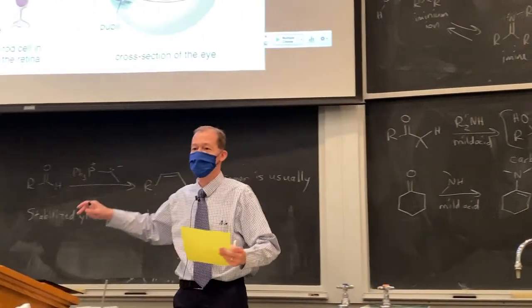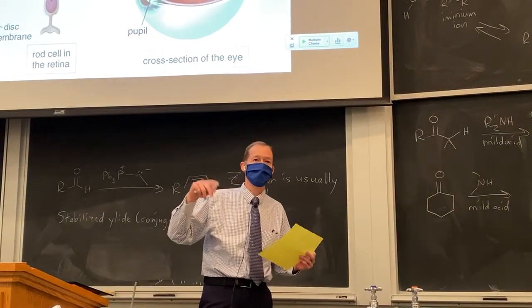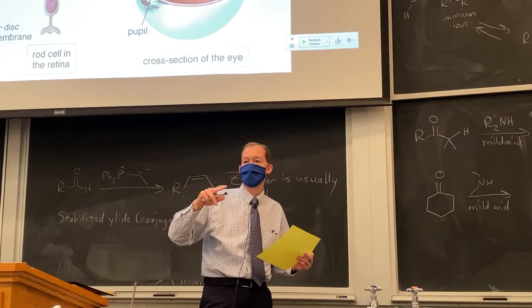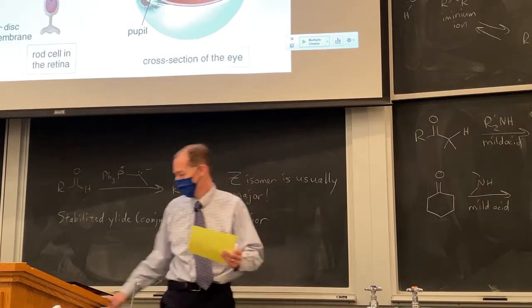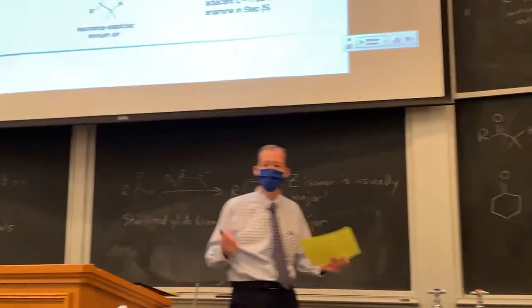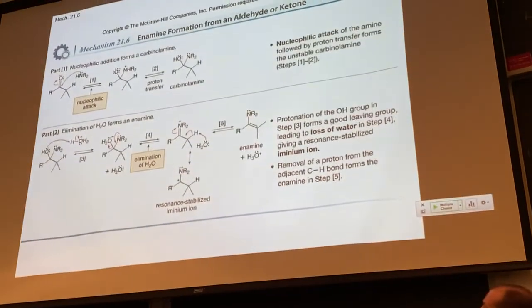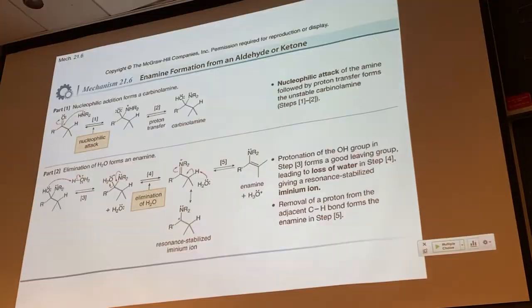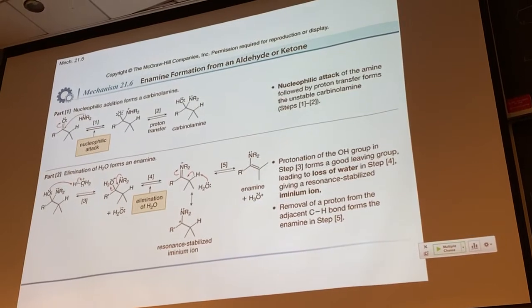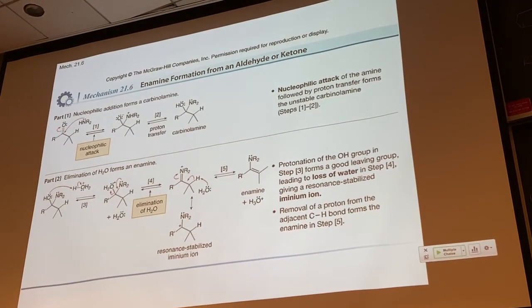This mechanism is actually identical to the mechanism of imine formation until we get to the last step. So we're going to look at it on the screen. First step is the same, amine attacking our carbonyl carbon. Then we have our proton transfers. Please do not skip the proton transfers when you're actually drawing this mechanism.